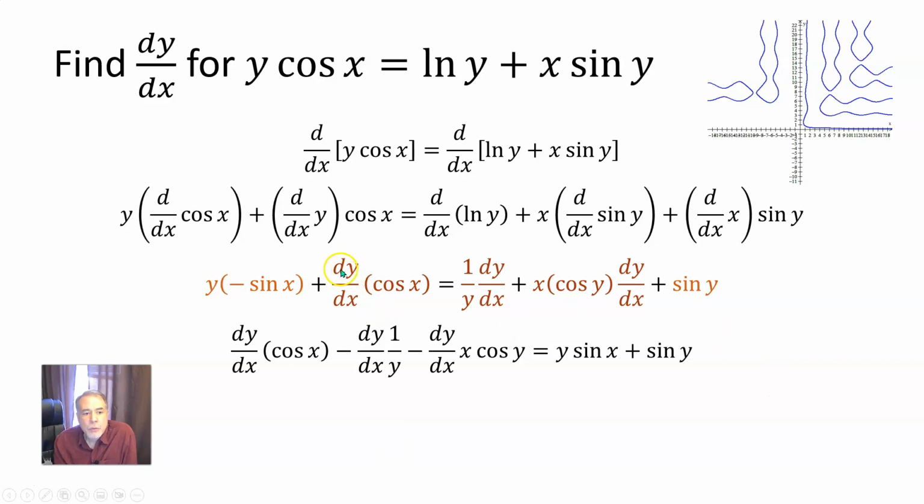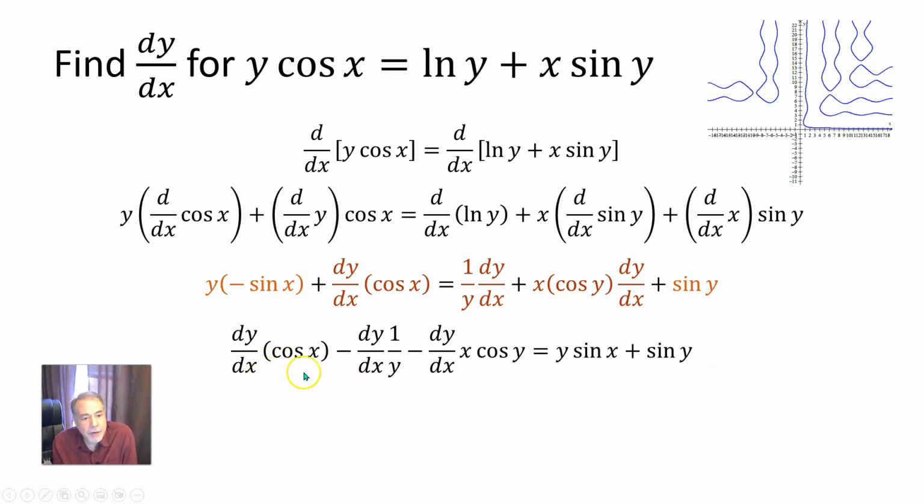So I put it down as dy dx times the cosine of x minus dy dx times 1 over y minus dy dx times x times the cosine of y on the left side equals positive y times the sine of x plus the sine of y all on the right side.